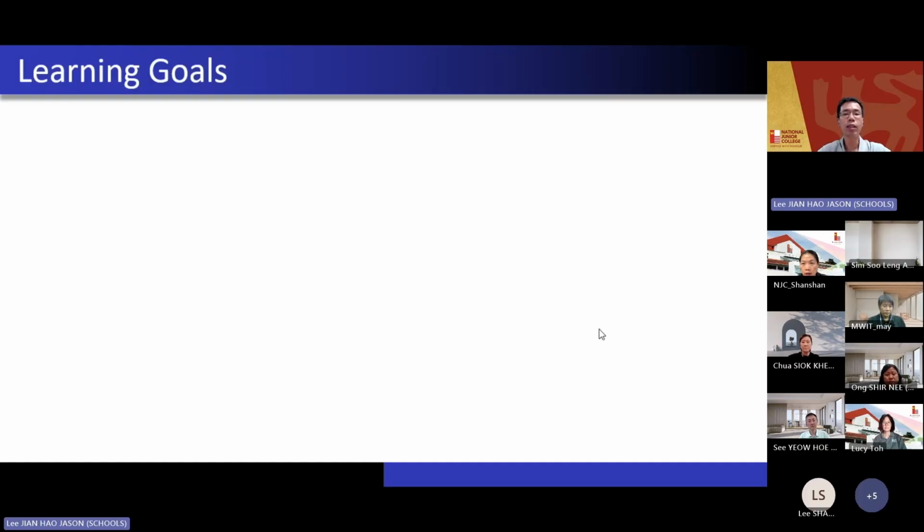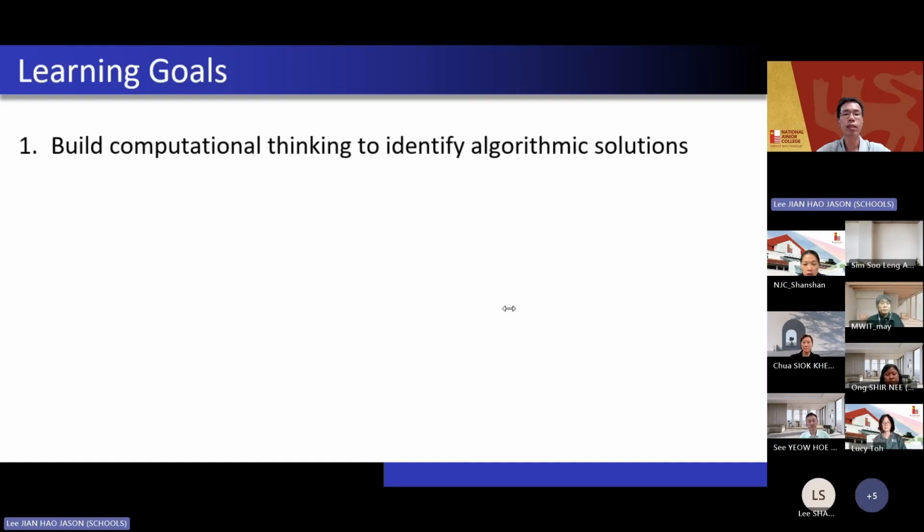Okay, so the learning goals for this activity are as follows. Firstly, when we use technology to help automate the process, it builds the students' computational thinking competencies, as they have to plan how to algorithmize the process of partial fractions decomposition.